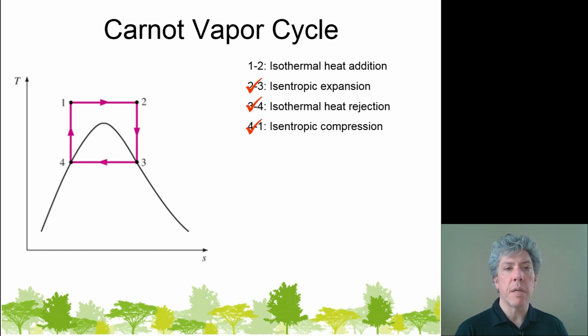3 to 4 is the process beneath the vapor dome, and it goes from a saturated vapor to a saturated liquid state. That is the constant temperature, or isothermal, heat rejection process.